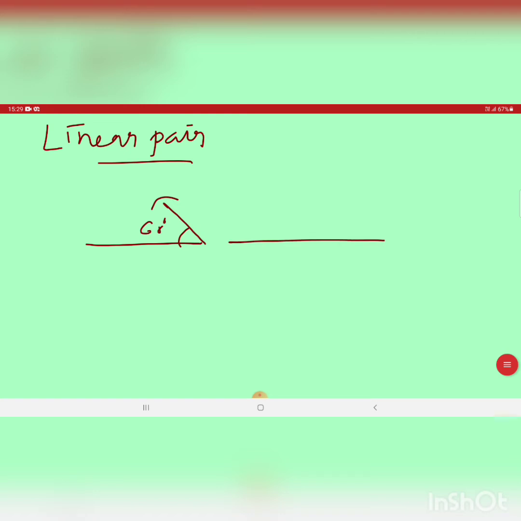Another angle of measurement 120 degrees. If you join these vertices, it will form like this. Join the vertex. Then what will happen? This ray coincides with this ray. Then you will get a line. Such pairs of angles are known as a linear pair.